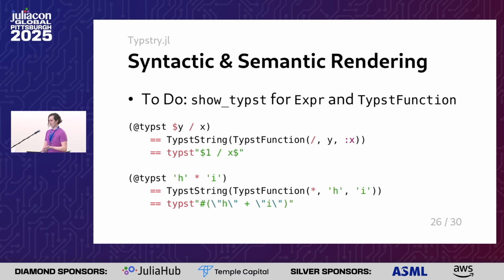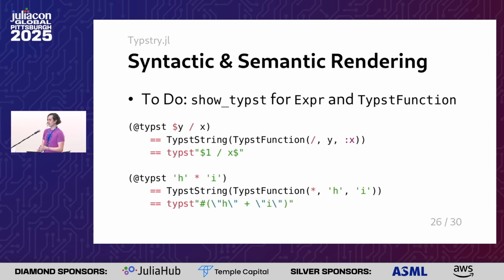This is something that I think would be interesting to do in the future that we don't have yet. So in LaTeXify, it has syntactic rendering, where you can give it an expression, and it will read that expression and render it accordingly in LaTeX.